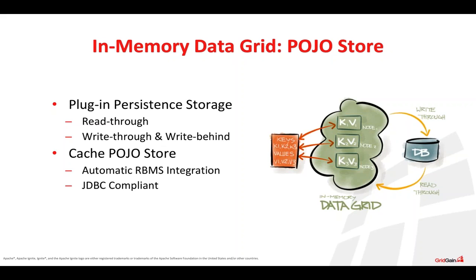When we talk about relational databases, then your life will be even simpler, because Apache Ignite provides an out-of-the-box implementation of the CacheStore interface for any JDBC compliant relational database.